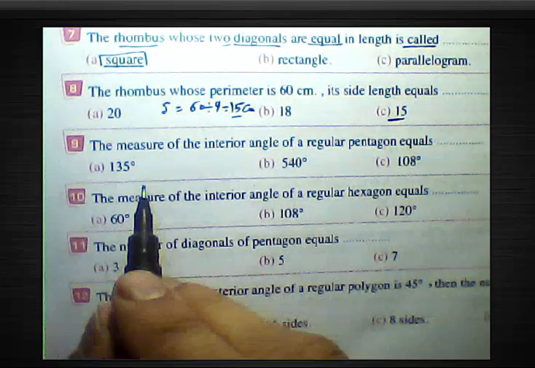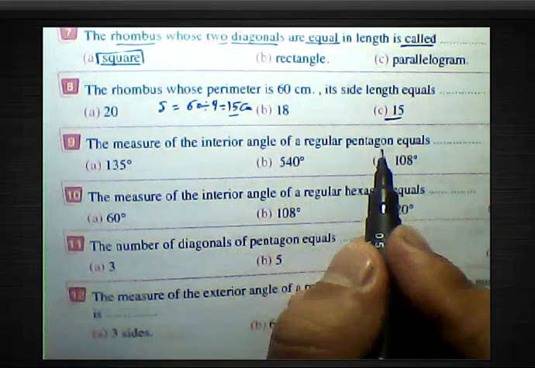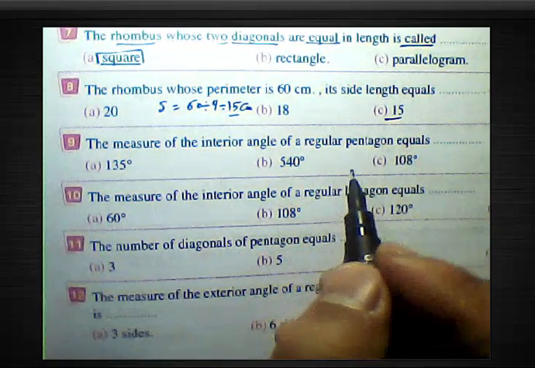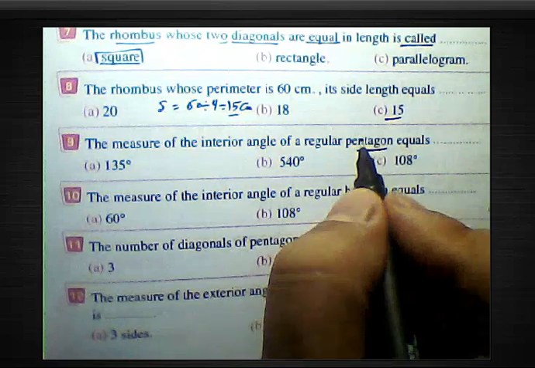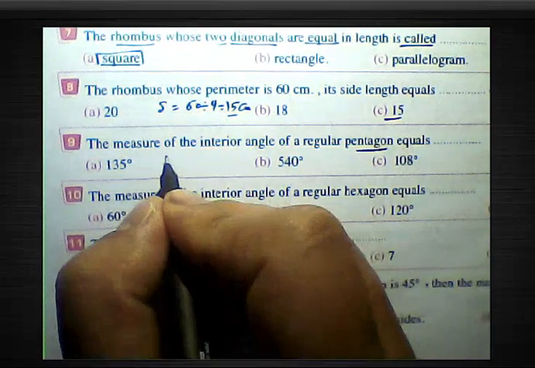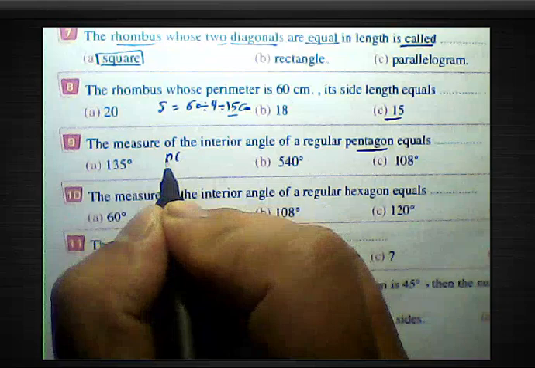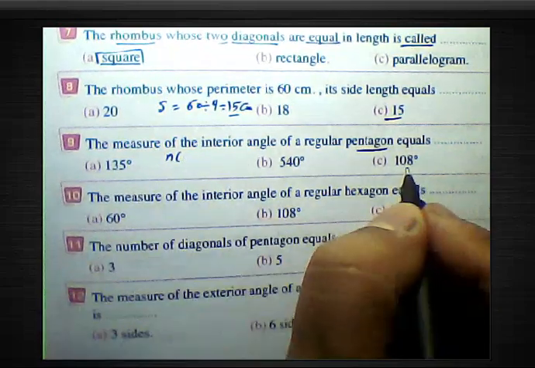15. The measure of the interior angle of a regular pentagon equals what? A pentagon has 5 sides, so we can write the rule. It will be 108.